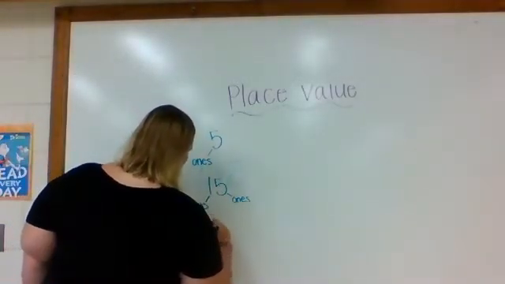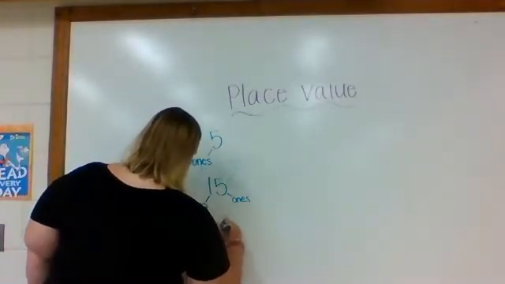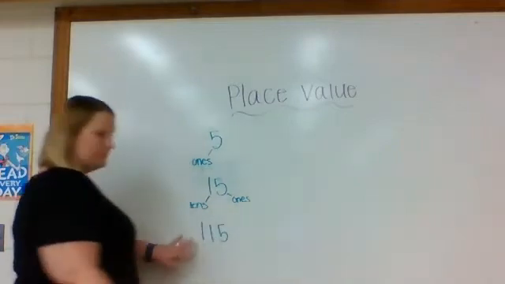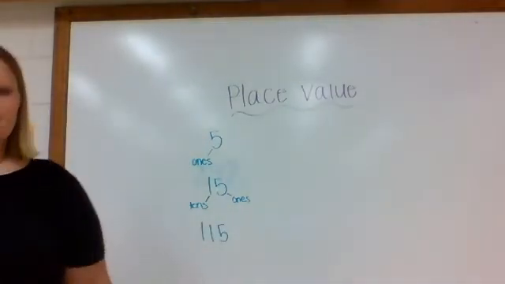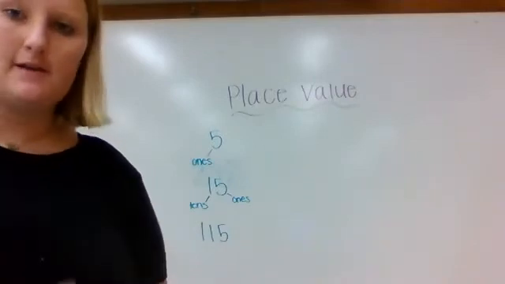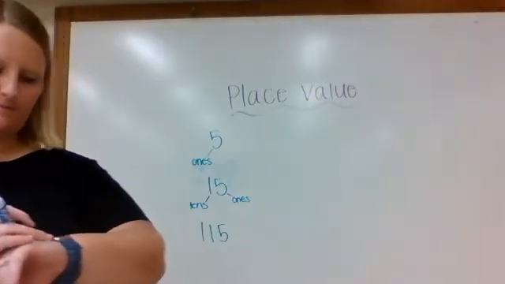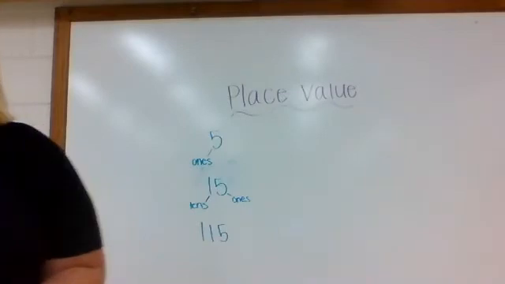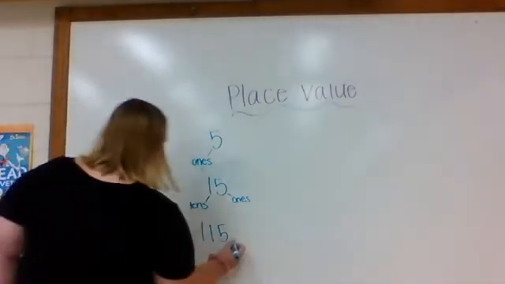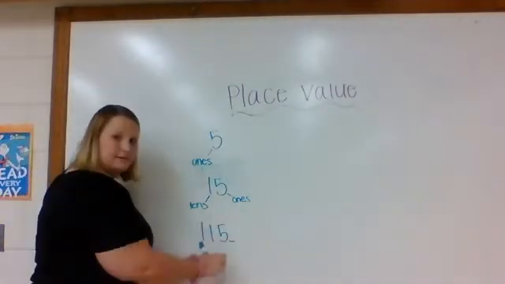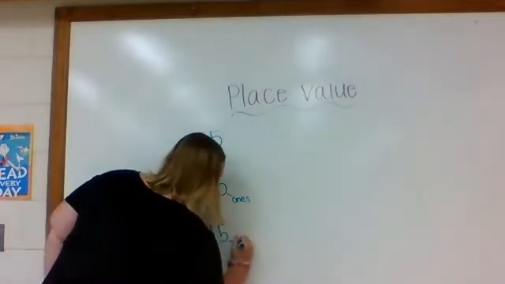Let's do 115. I want you to write this down for me. Go ahead and write this down with me. The 5 is still going to be our what? Ones. Good.